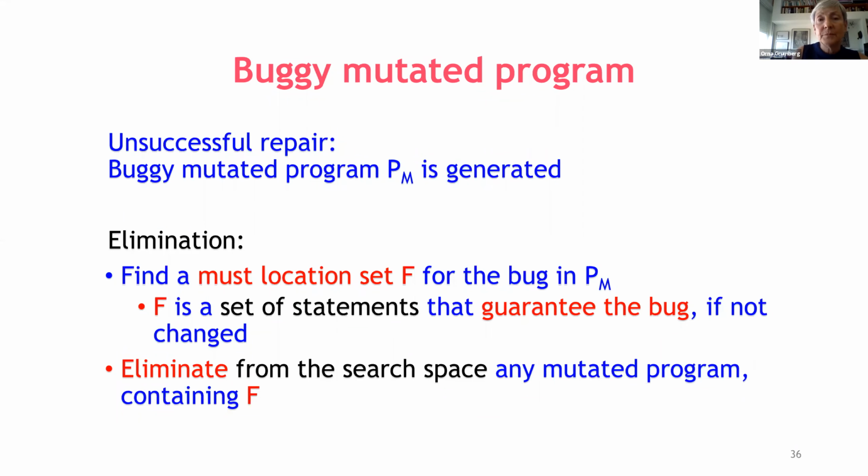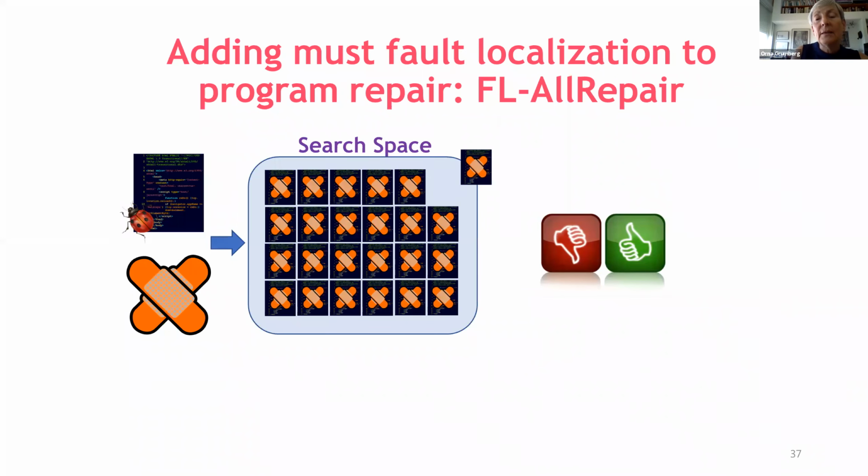So here it is. Now we take a program, it is incorrect, and now we remove from the search space this program and all the others which share with it the must location set.